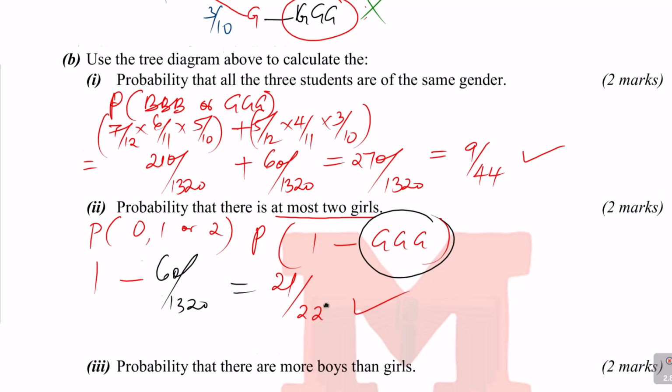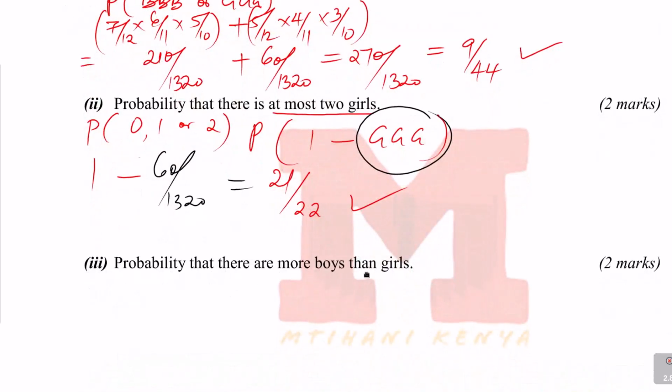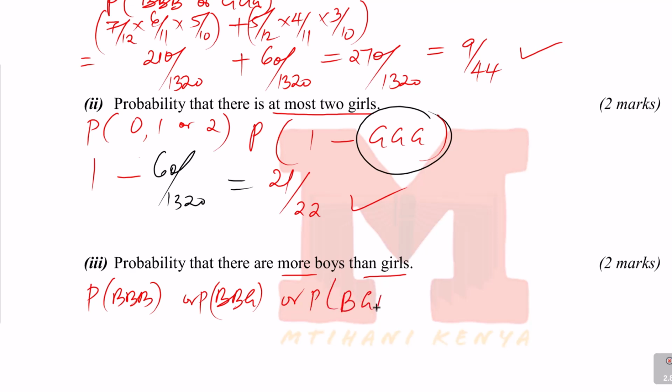Then the other part, part 3: the probability that there are more boys than girls. What do we mean by that? More boys than girls means the probability of three boys, or boy, girl, boy, or girl, boy, boy.